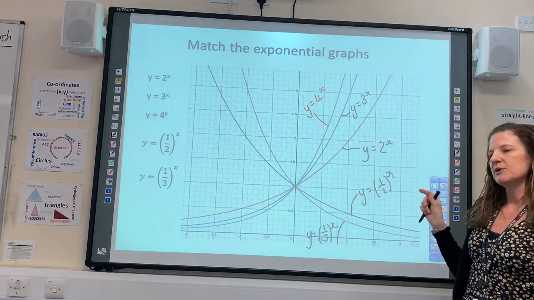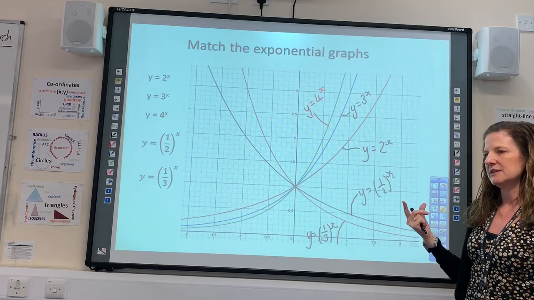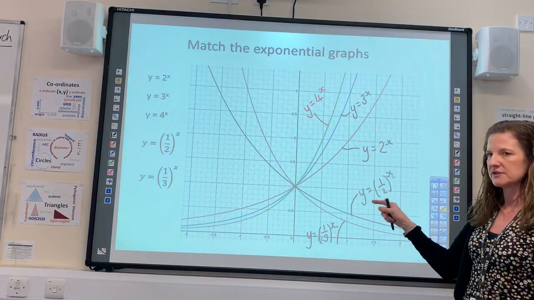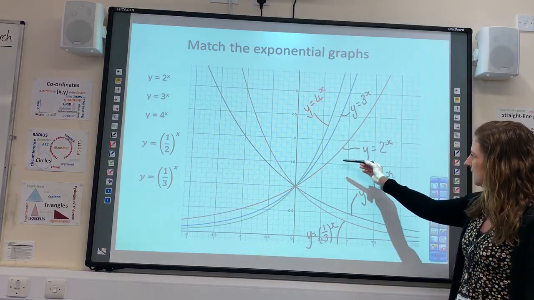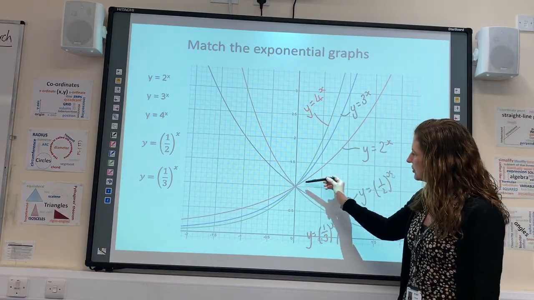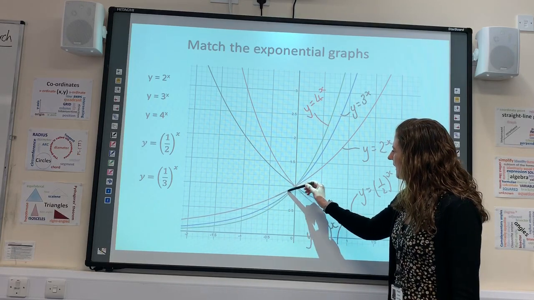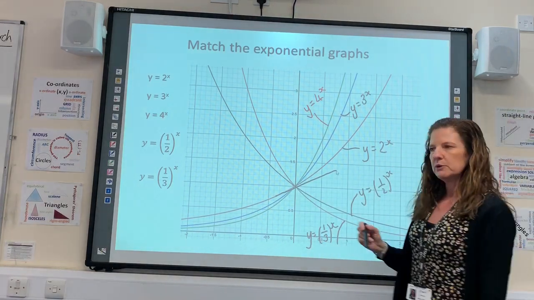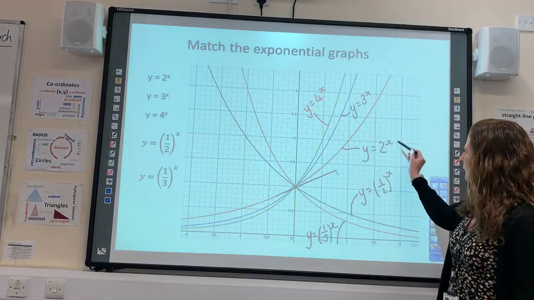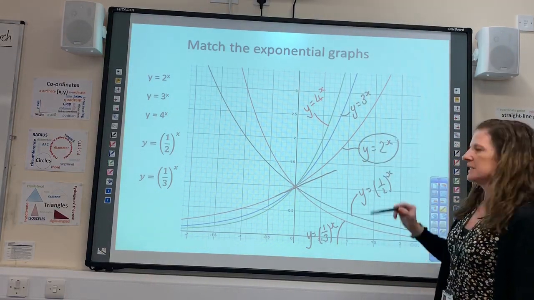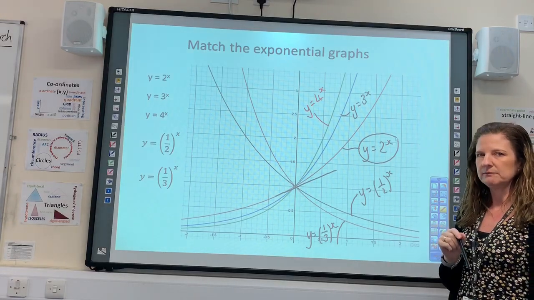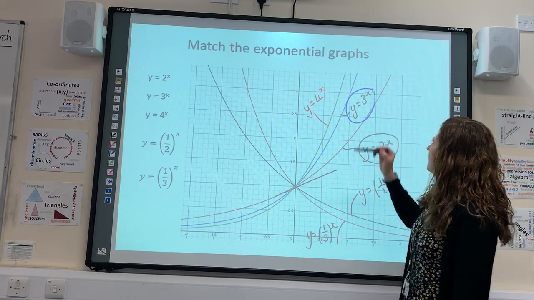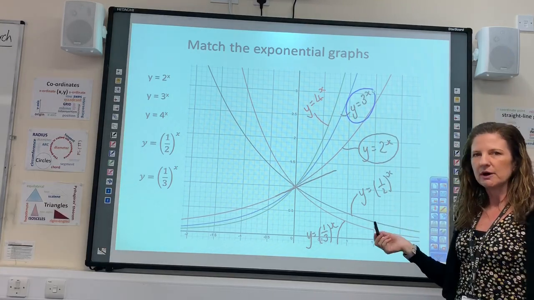Now this highlights quite nicely something that's special about this number e that I'm going to introduce you to in a sec. If you were to draw these graphs accurately, and you were to draw a tangent to the graph there at x equals 0, what you would find is that the gradient of this graph is just a little bit less than 1, whereas the gradient of this graph is just a little bit more than 1.